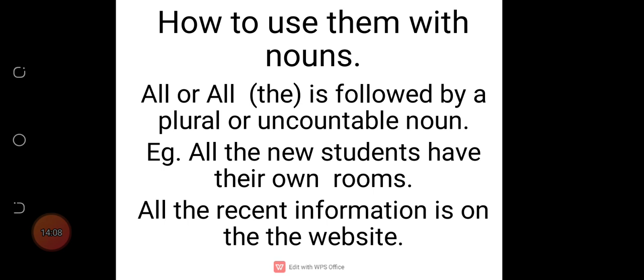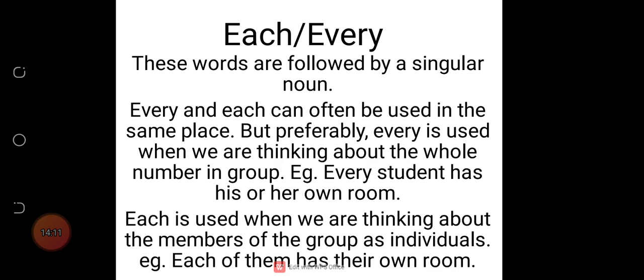Then we went further to look at the use of each and every, and we also saw the differences between the two. When we use the two, we are referring to a group. But one is considering every member in the group, and the other is talking about each member of the group as individuals forming the group.